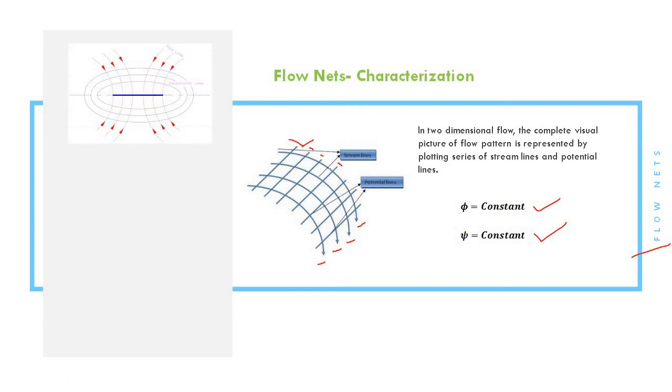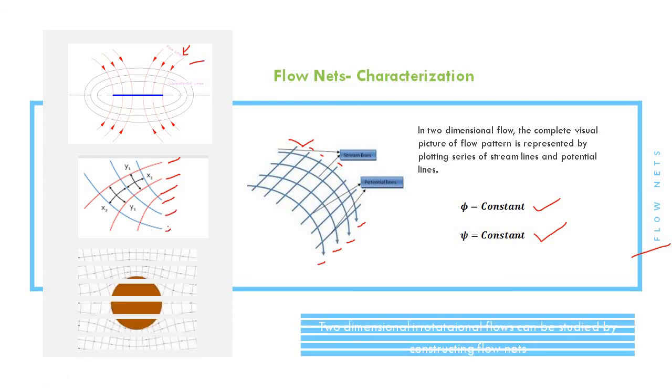Now some of the other patterns also: you see these ovals, they represent equipotential lines. Then these are the flow lines or streamlines. They are perpendicular to each other. For your better understanding, the red lines may represent streamlines, and the perpendicular blue lines are equipotential lines.